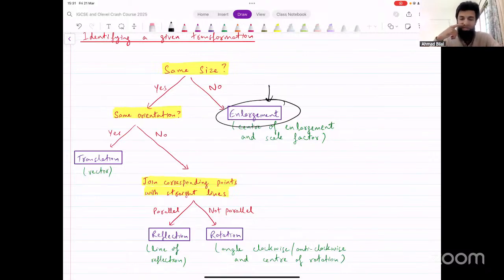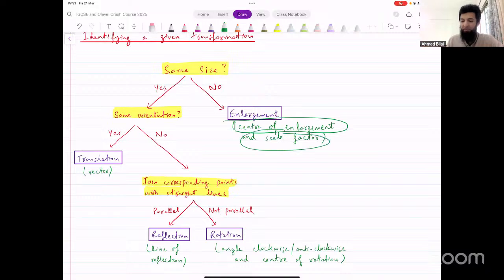If the size is changing, then in your syllabus, it can only be enlargement. It cannot be anything else. Okay. And if it is enlargement, then you describe it using the center of enlargement and scale factor, which we have learned how to do. Okay.